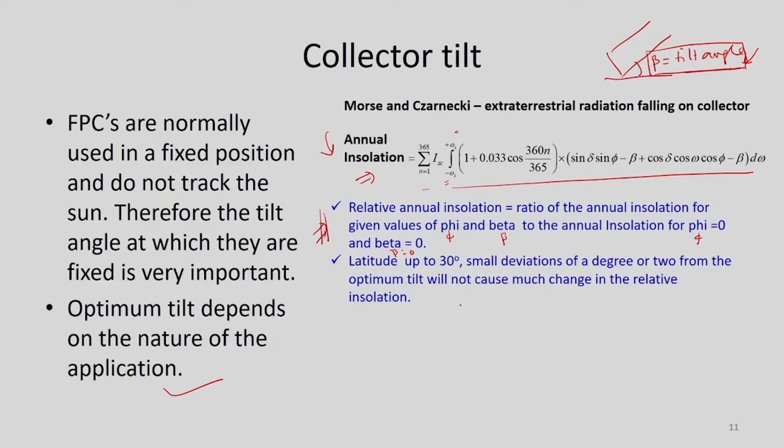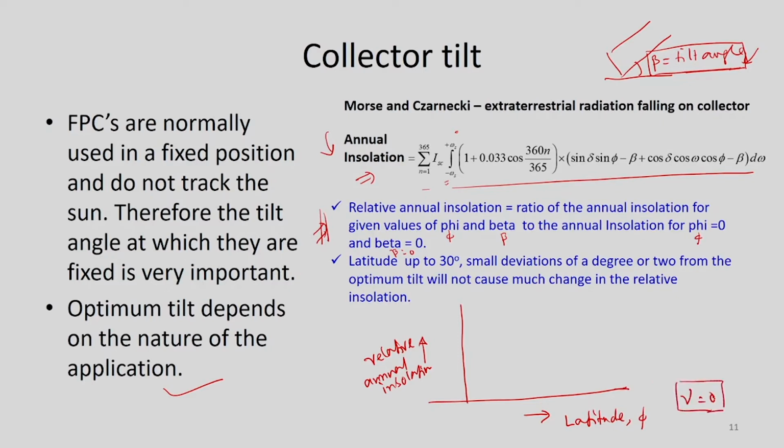So, let us draw what they have investigated. If we plot relative annual insolation on the vertical axis, and latitude phi on the horizontal axis, this is valid for gamma equal to 0, which is the azimuth angle.